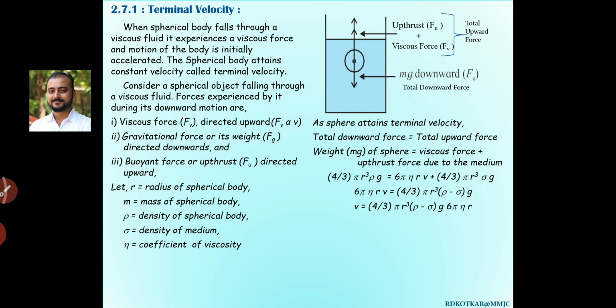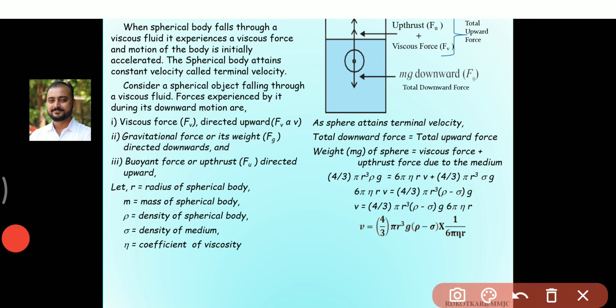You just have to rearrange this equation, and you get the relation v equals 4 by 3 pi r cube (rho minus sigma) g into 1 divided by 6 pi eta r. Actually this step is the correct one and the earlier one was wrong, so remember it.